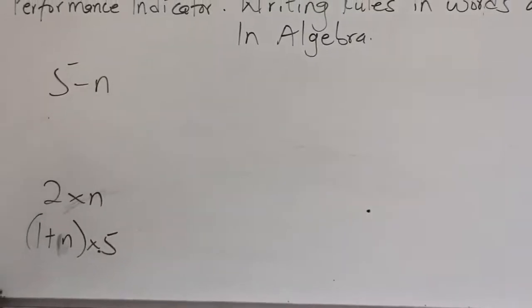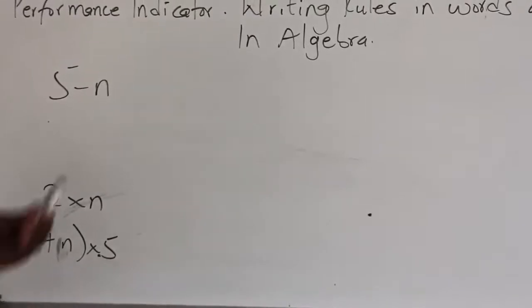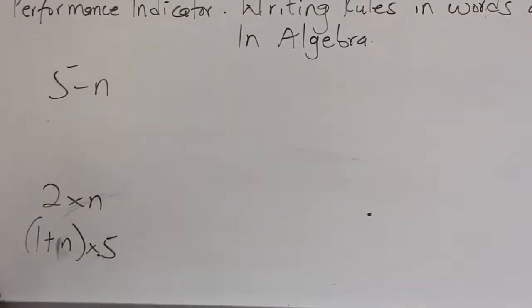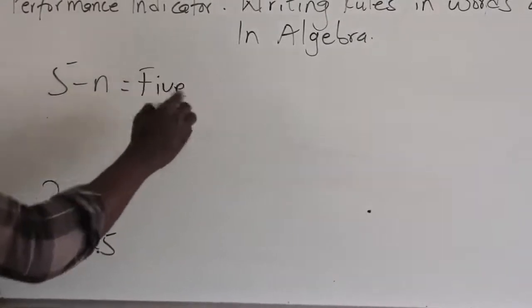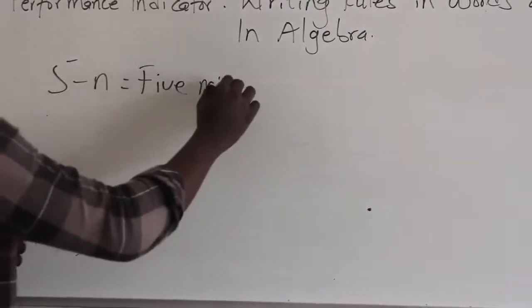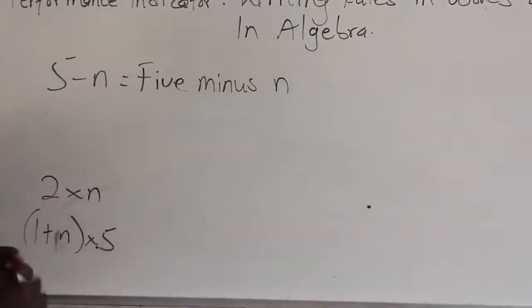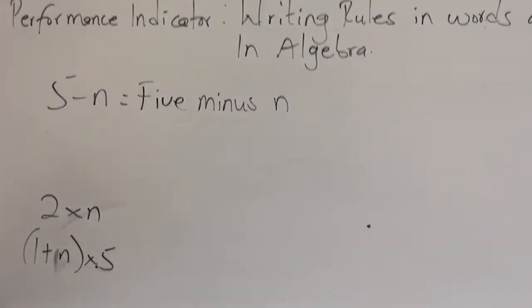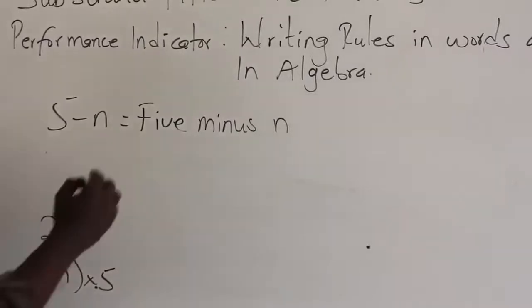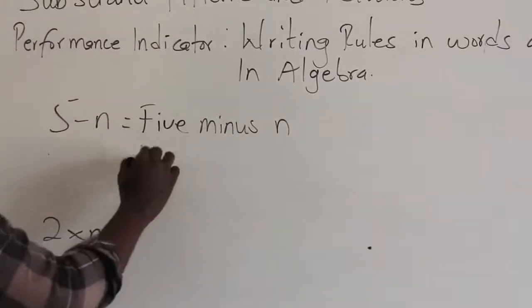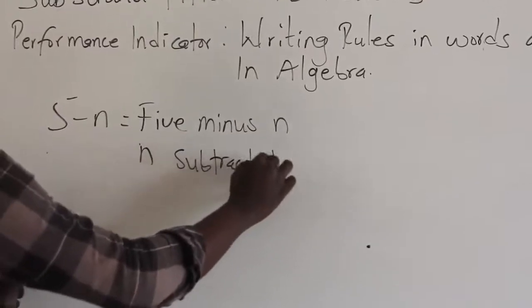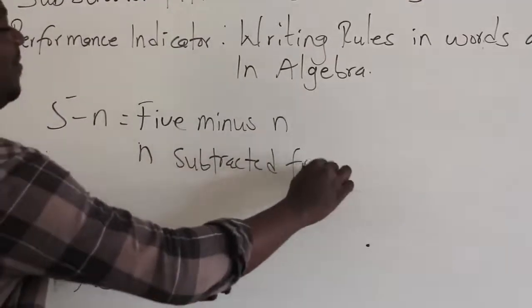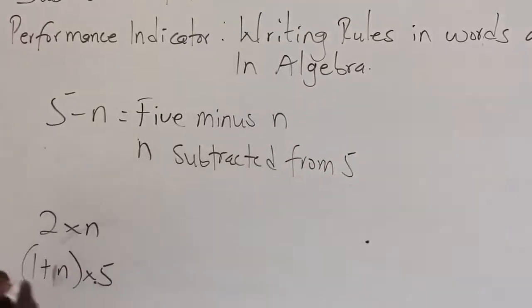5 minus n. We want to use words to describe this. So we can have 5 minus n. We can also have n subtracted from 5.